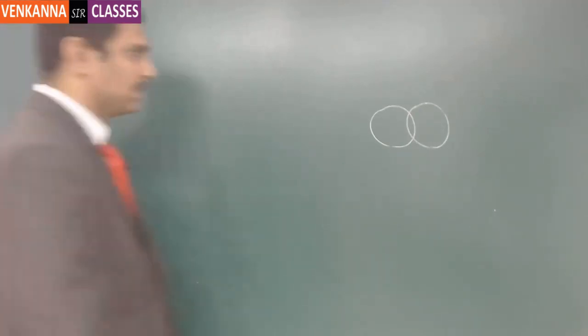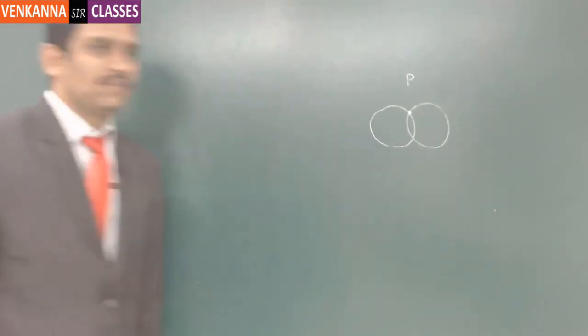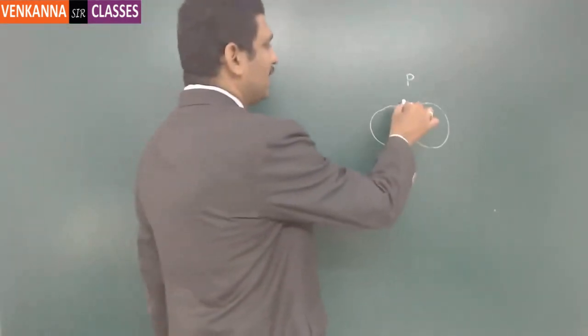Now, if you want to calculate the angle between them, if there is a common point P between the spheres, let me say this is the point P in which the two spheres intersect. So I want to know what is the angle here.